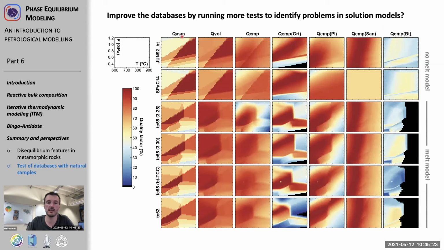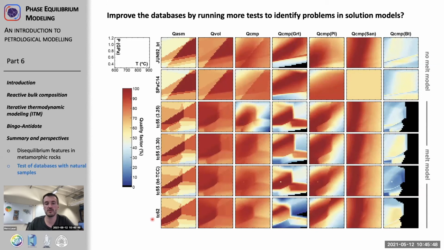And I calculated, for exactly the same local bulk composition, the model with the June 92 database from Berman, the Spear, Pattison, and Cheney database, in which you have no melt models. Then I calculated with all the Holland and Powell databases, from TC55 of the original 2002 to the TC62 in 2020 with the White 2014 models.